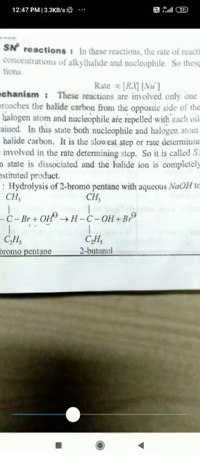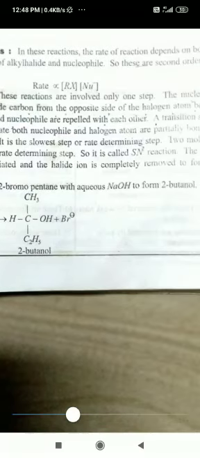I mean, in these reactions, the rate depends on both reactants.